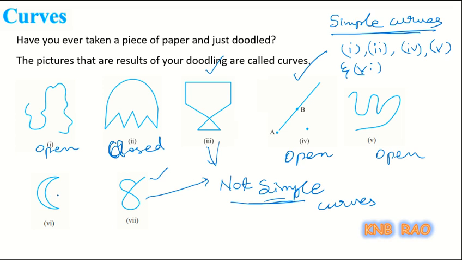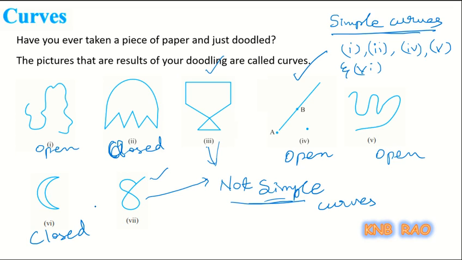It is also a simple curve, but it is closed. Why is it closed? Because we cannot identify which is the end point and which is the starting point, or ends, we cannot identify.